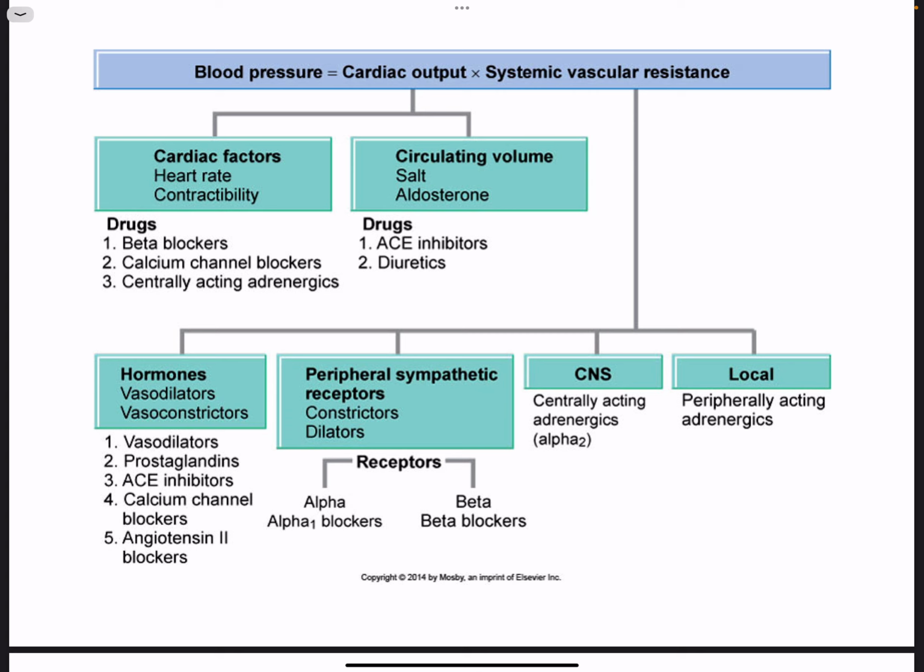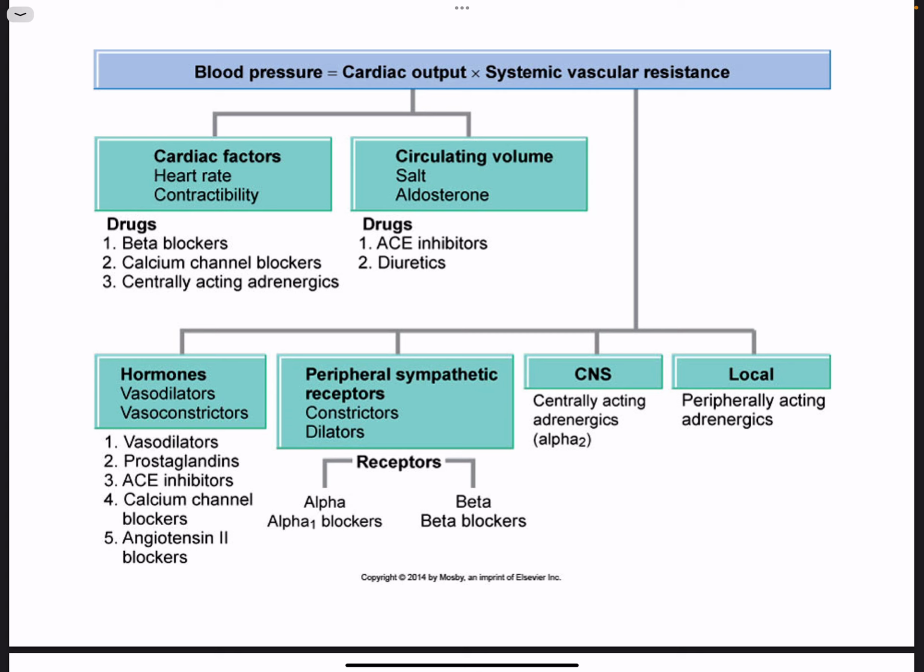Electrical activity. They control the SA node, AV node, Purkinje fibers, pacemakers. They control the contraction of the heart. So the first thing is heart rate. The second one is the stroke volume, the contraction of the heart. So that is the contractility, based on the electrical activity.